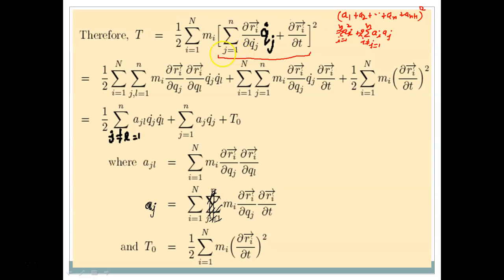Basically, we are keeping it as a square, plus a plus b. So a square means we are talking about this part squared, and the n plus 1 term is this one. So when you open this, you are getting this term plus b square. b square means this term.